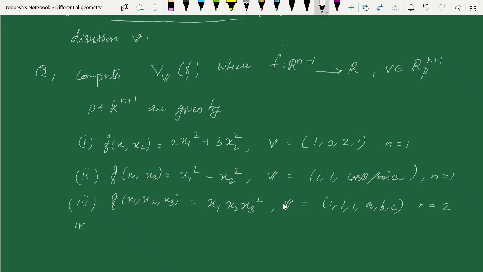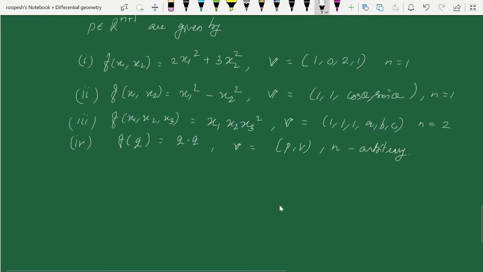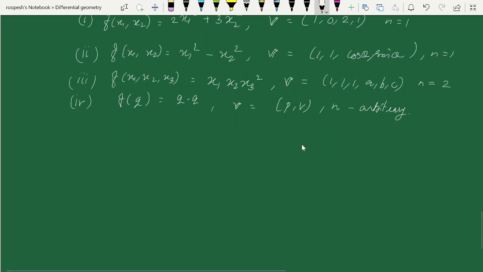And fourth one, f of q is equal to q dot q, and v is equal to p v, n arbitrary. So exactly we want to solve 4 problems here. Let me do the first one. The remaining I am leaving for you to work. It's a very easy one.